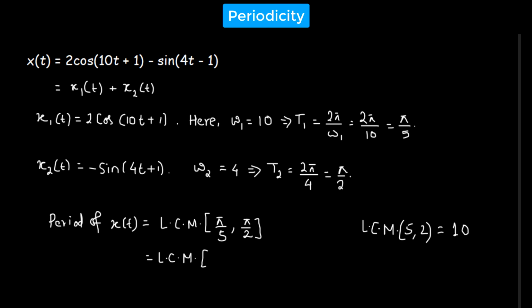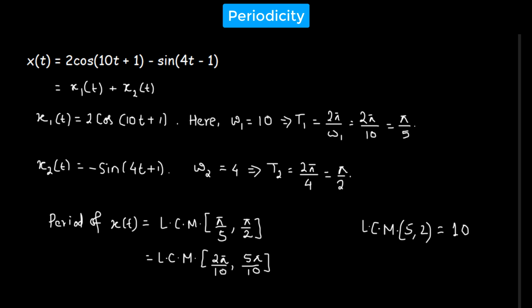We multiply and divide the first fraction pi over 5 by 2, so that gives us 2 pi over 10. For the second fraction pi over 2, we multiply the numerator by 5 and divide by 5, so that gives us 5 pi over 10.